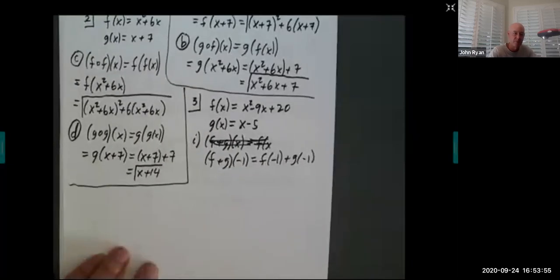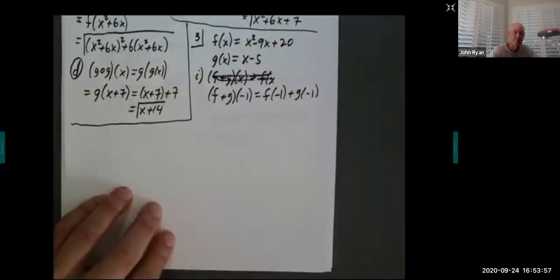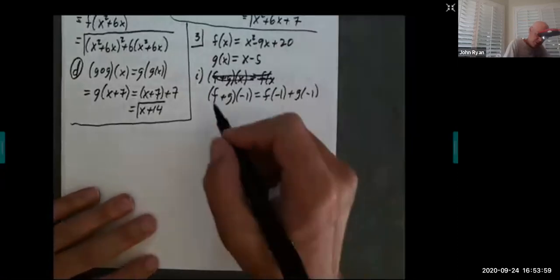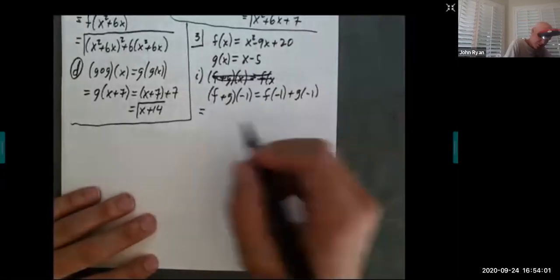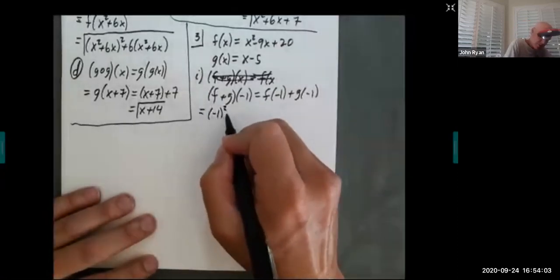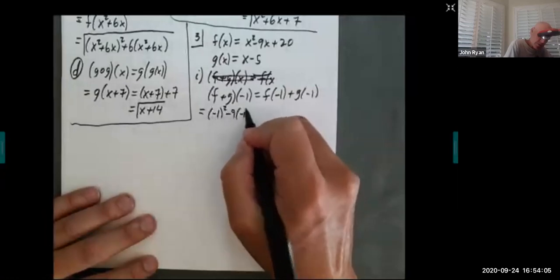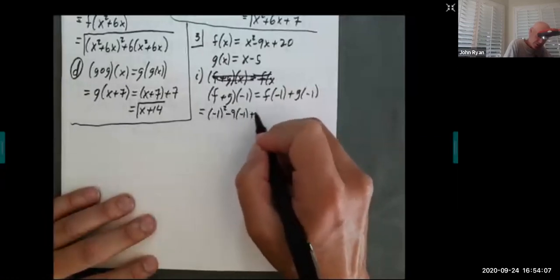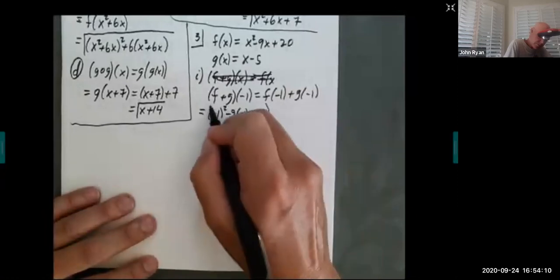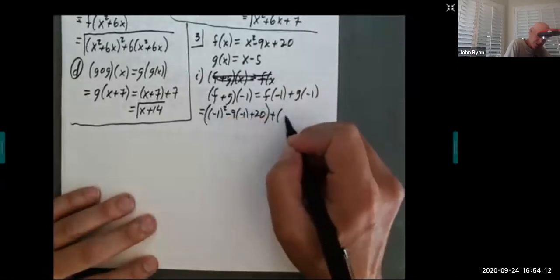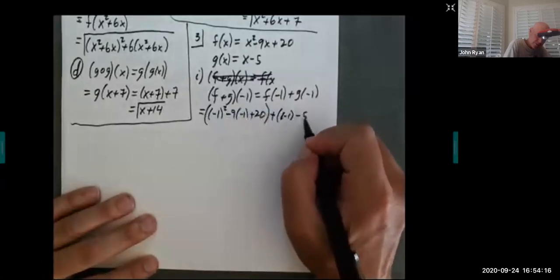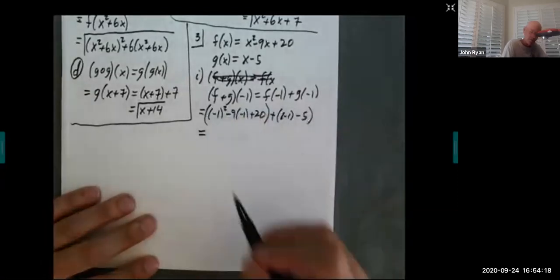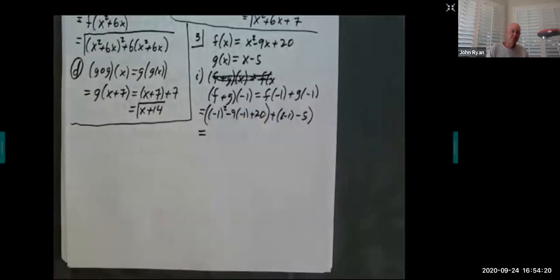Let's scoot that up a little bit. That is going to give me -1 squared minus 9 times -1 plus 20 plus -1 minus 5. Make sure you follow your order of operations.